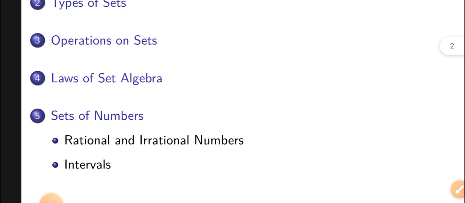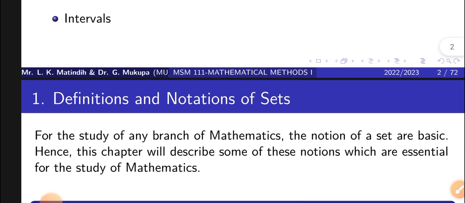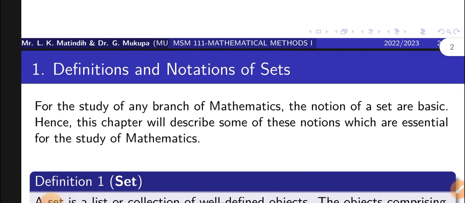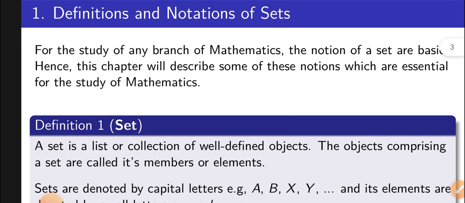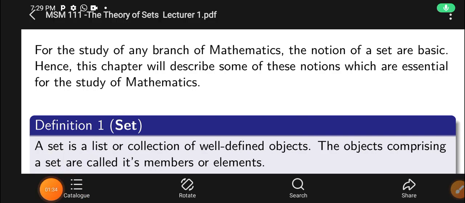So let's start with the definition of a set. In my previous video, I defined a set as a list or a collection of members or objects which have something in common.